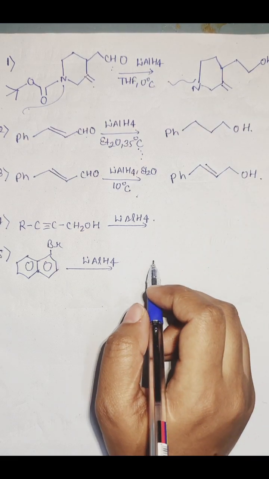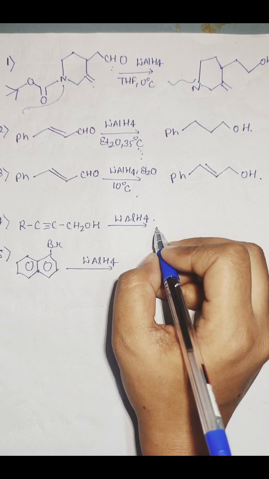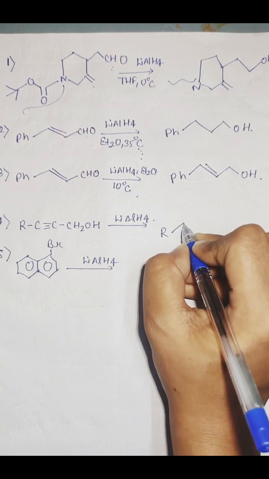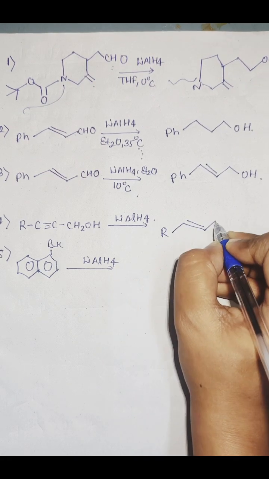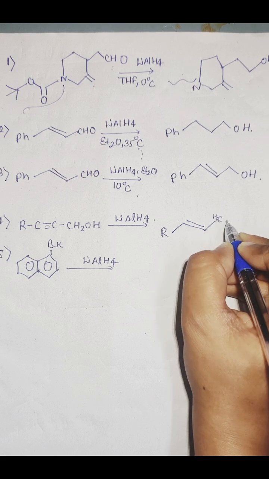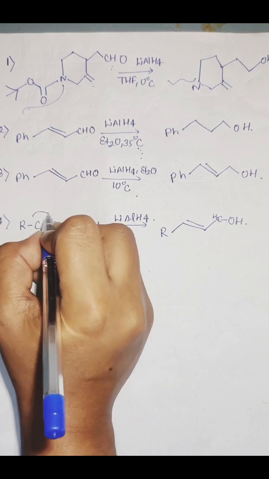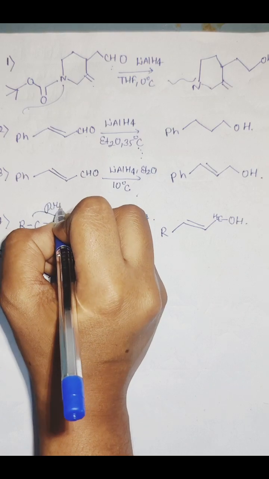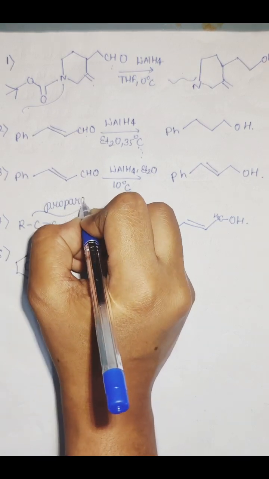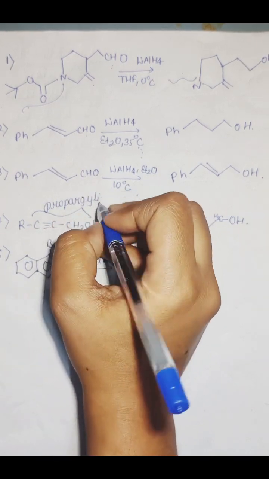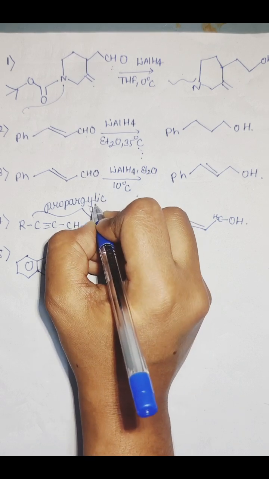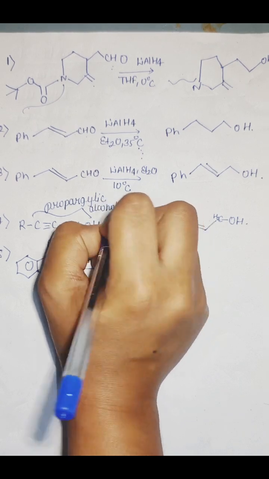In this case, we get a trans alkene. This we call a propargylic alcohol.